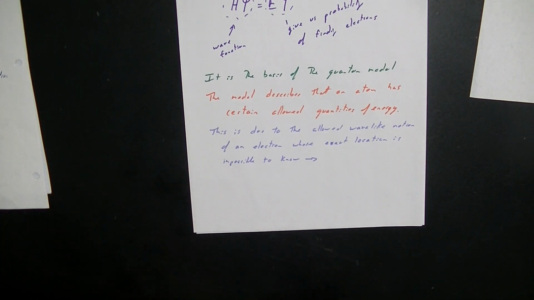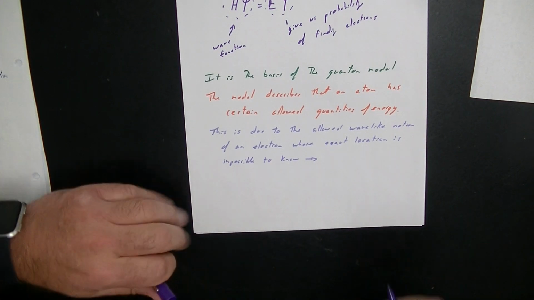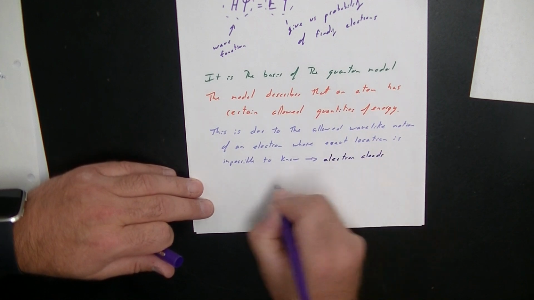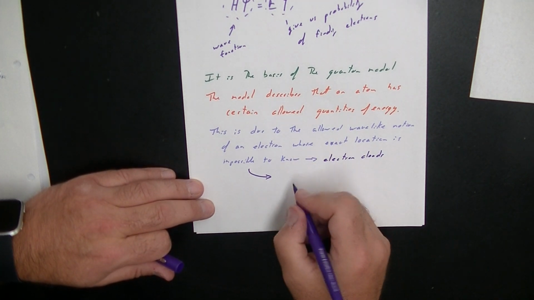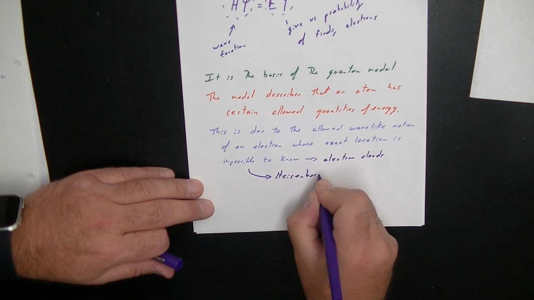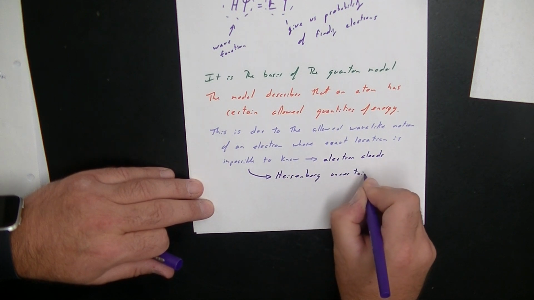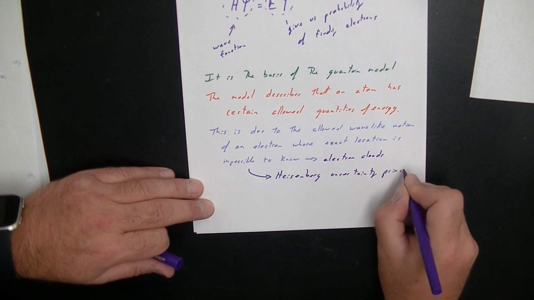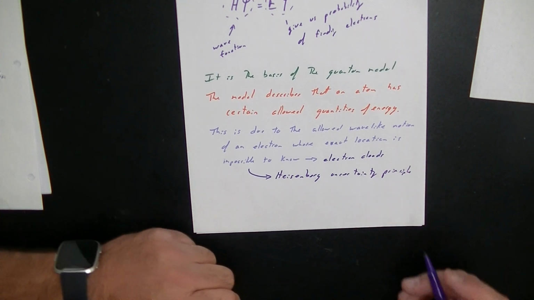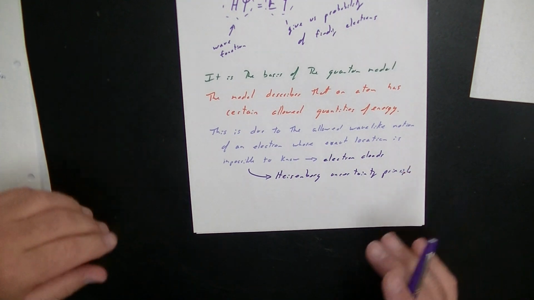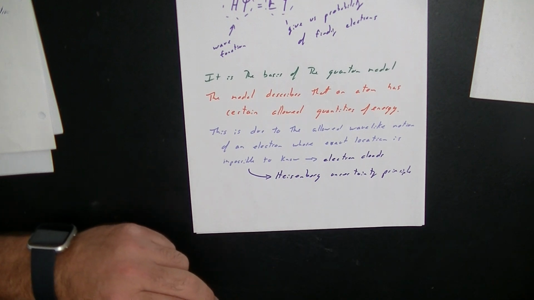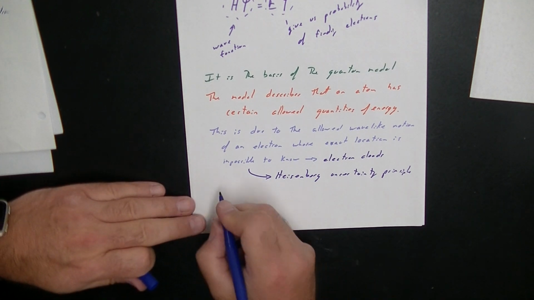And what that's really telling us, or what it's really developing, are the electron clouds. And this whole thing is really coming from the Heisenberg uncertainty principle. So he develops what are called electron density diagrams.